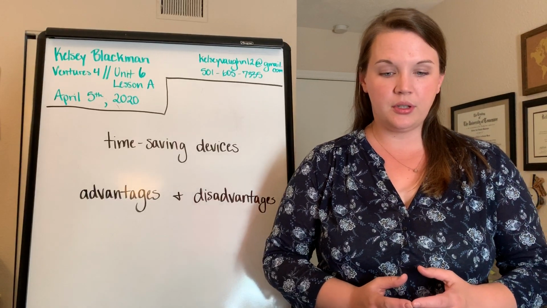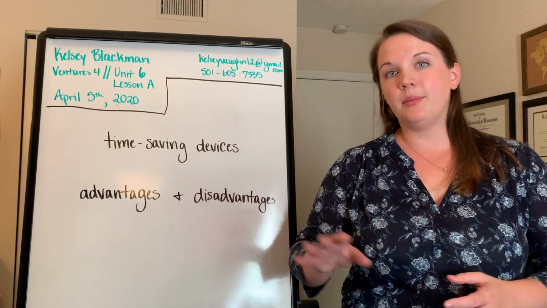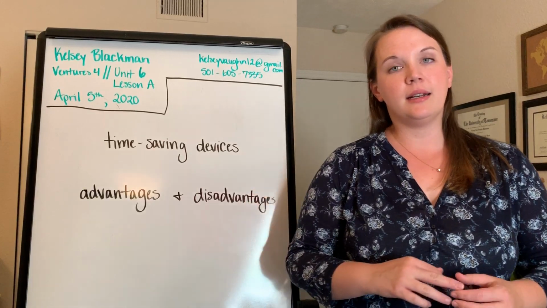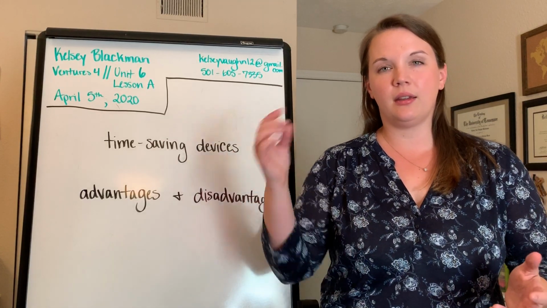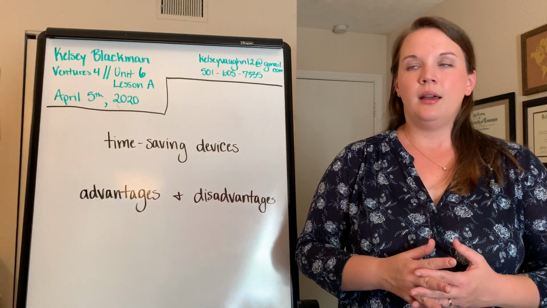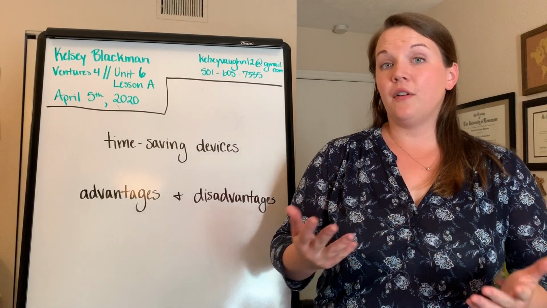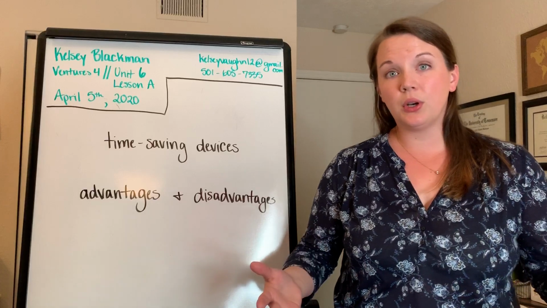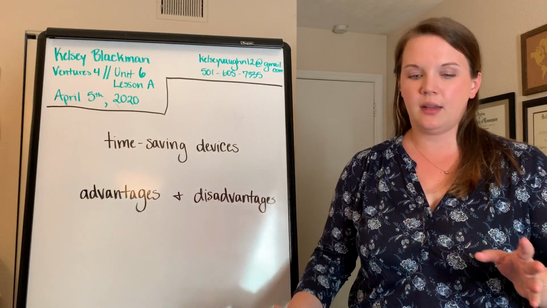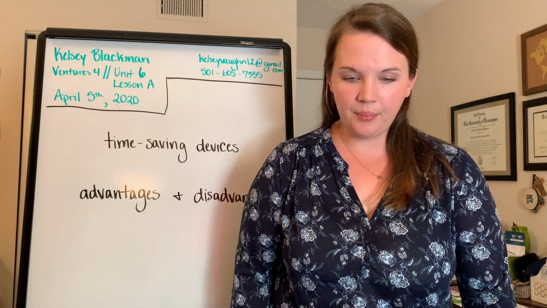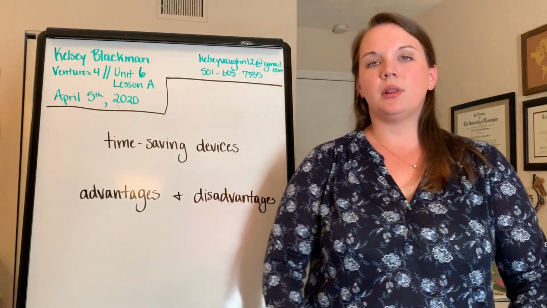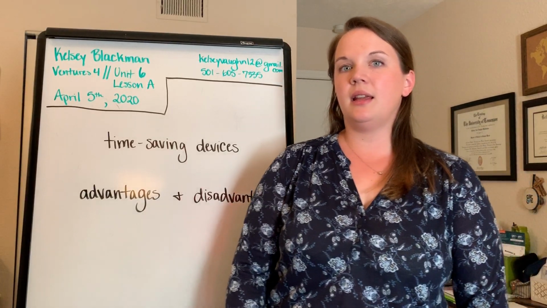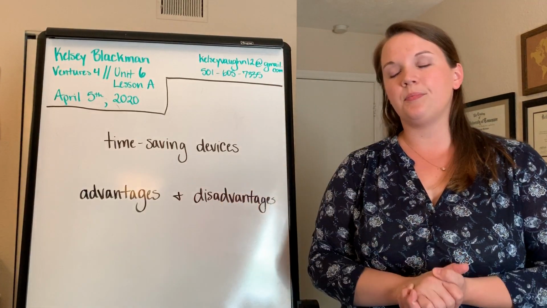How about a copy machine, a copier, like a printer that can make copies. Cell phones, maybe time-saving. Computers. There are so many examples. So lots of things in our lives can save us time.